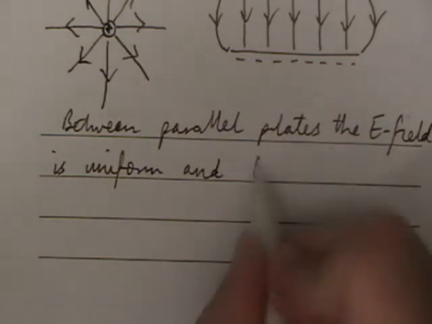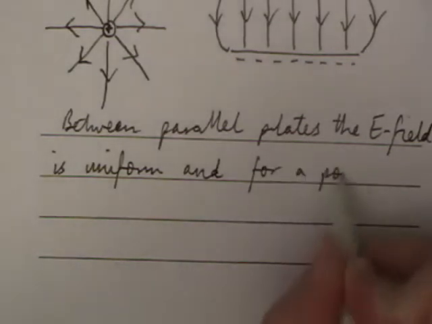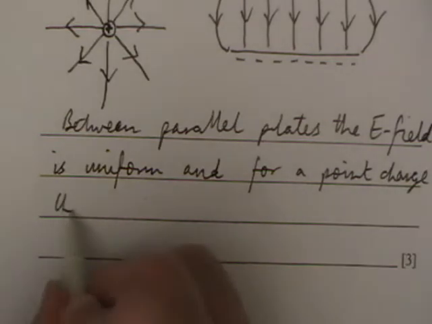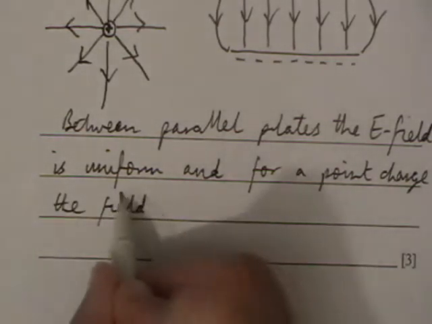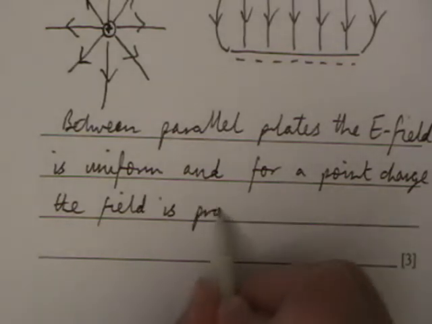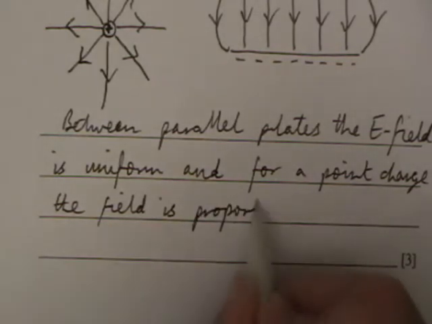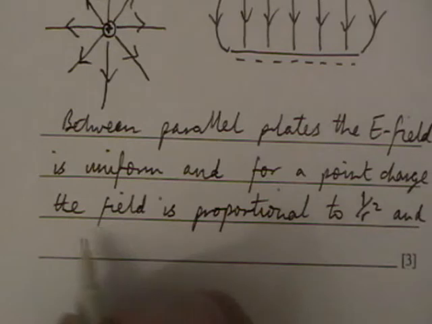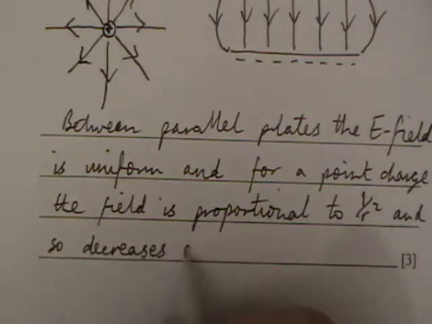And for a point charge, the field is proportional to 1 over R squared, and also decreases away from the point charge.